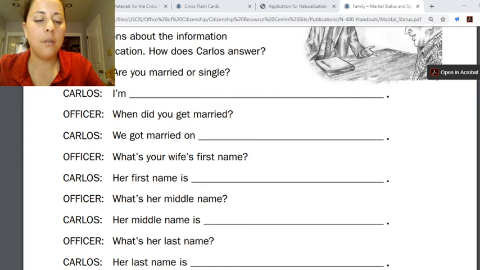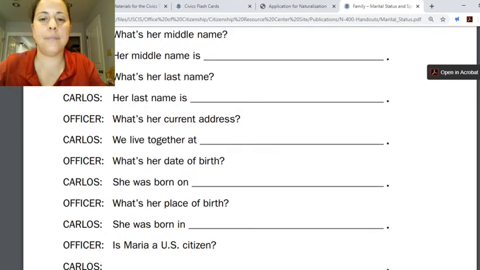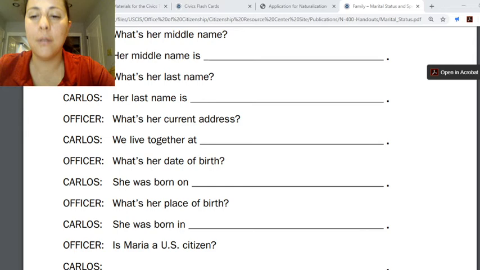Officer: What's her last name? Carlos: Her last name is Gomez. Okay.